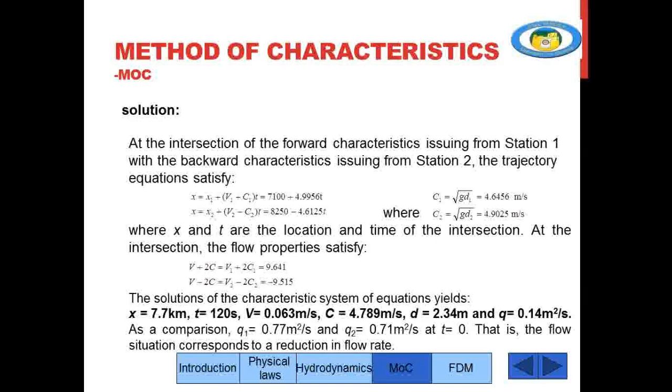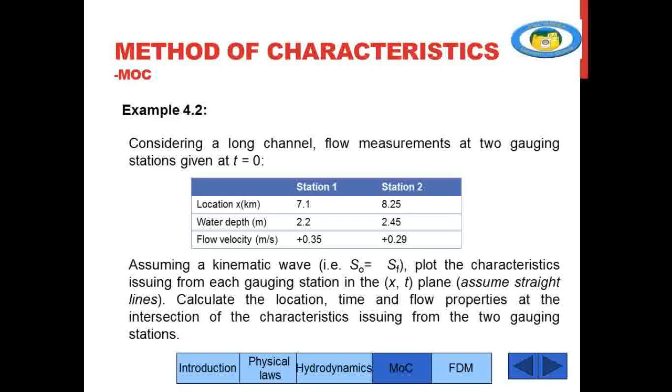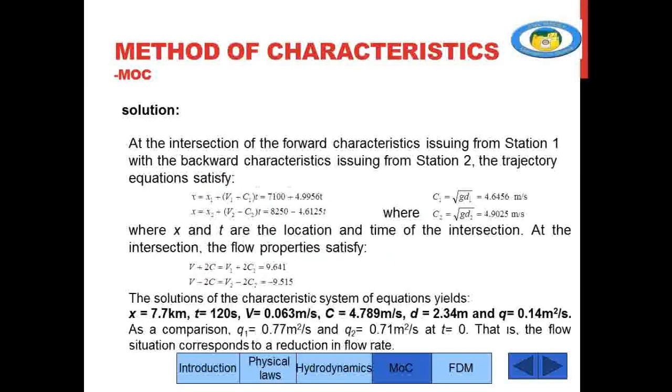The celerity at station 1 is computed as radical of g times depth at station 1, which is 2.2. So using that, you can find the celerity to be 4.6456 meters per second.